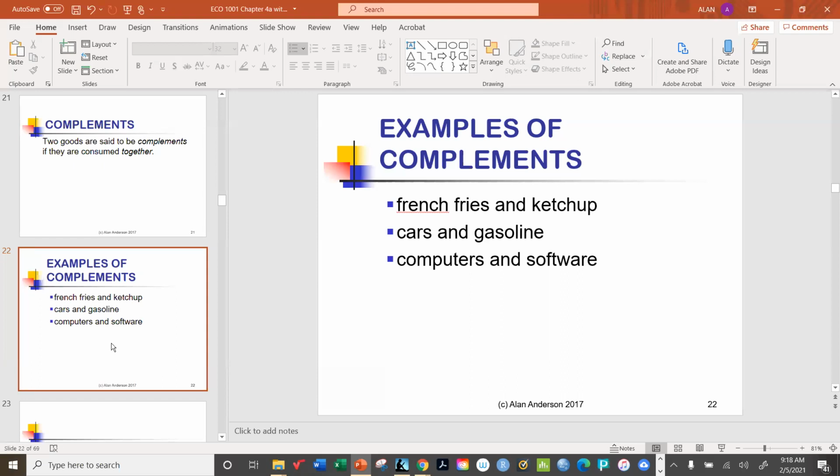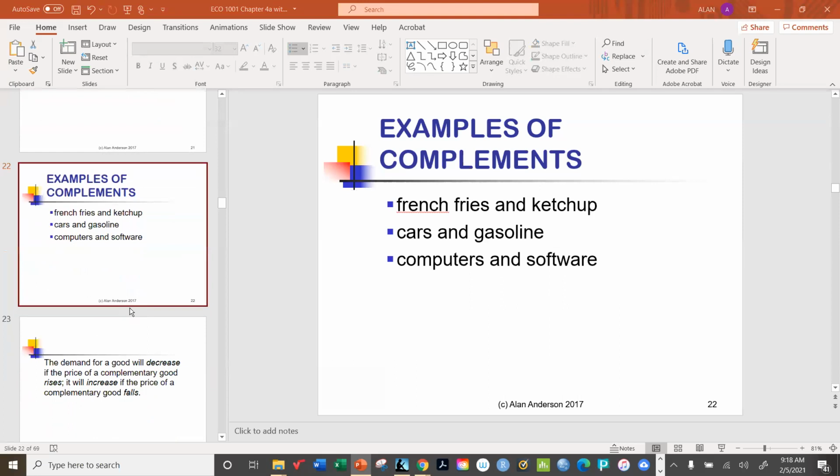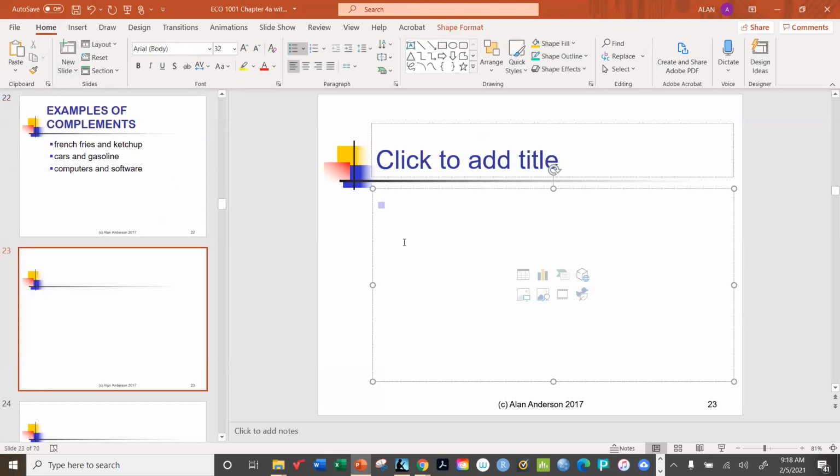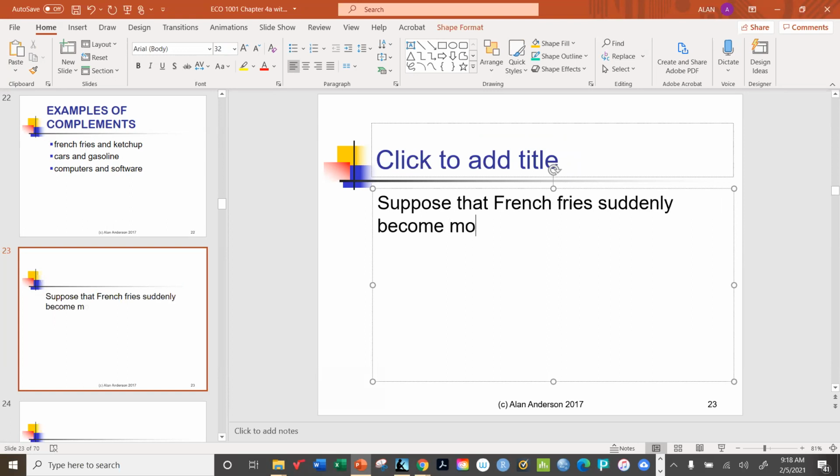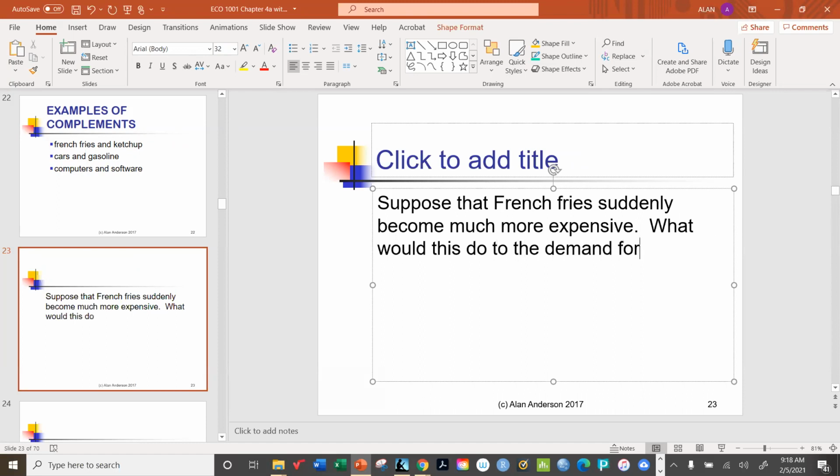Now, what does this have to do with demand? Well, think about this. Suppose that for some weird reason, French fries suddenly become much more expensive. Let's say there's some problem with the potato crop. What would this do to the demand for ketchup?